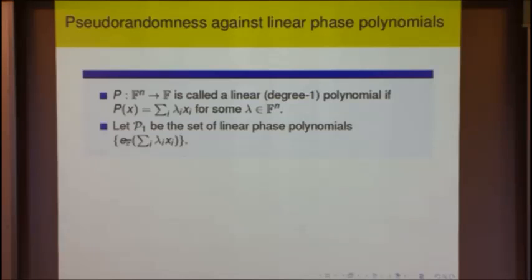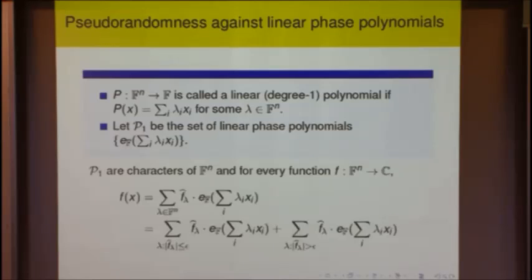So suppose a linear polynomial is a function which can be written in this way, sum of lambda_i x_i, and let's say P_1 is the set of linear phase polynomials. So these are exponentials of these linear polynomials, and here it's clear that measuring correlation with respect to linear phase polynomials is just the Fourier coefficient.